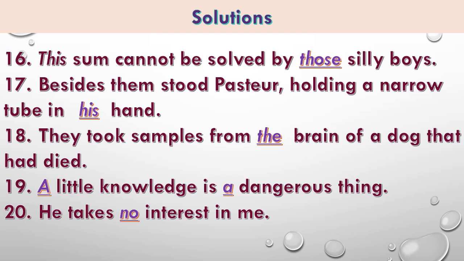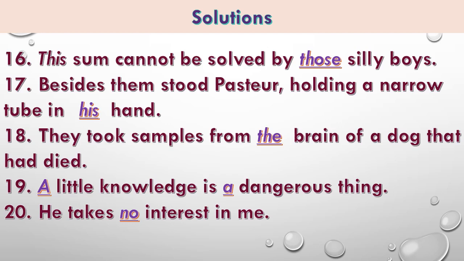Next is, besides them stood Posture holding a narrow tube in his hands. So that is an example of possessives. That means Posture is holding a tube in his hand. Okay, students?